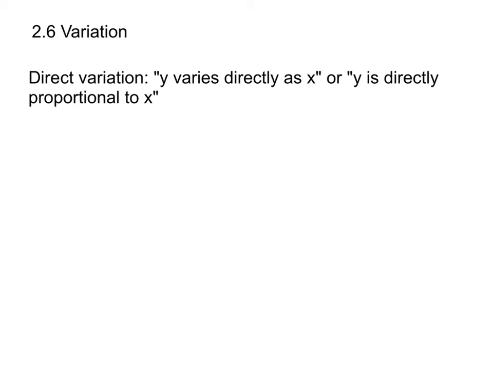When we look at this, what it means is that y is equal to k, some constant k, times x. And k is what we call the constant of variation, or the proportionality constant.